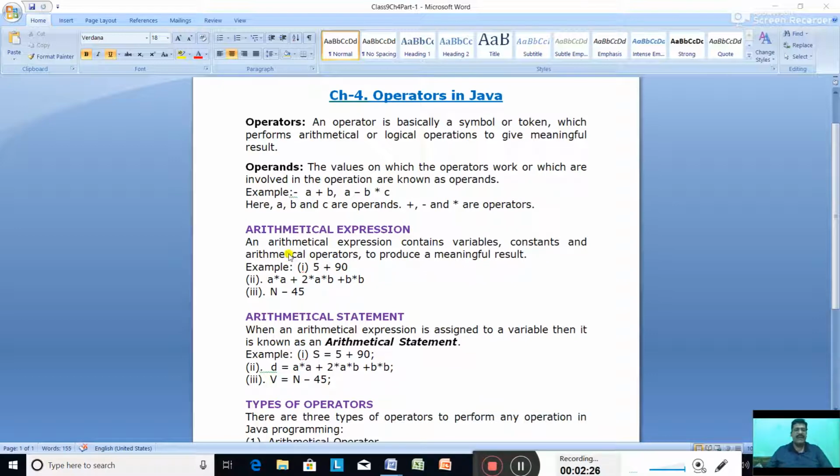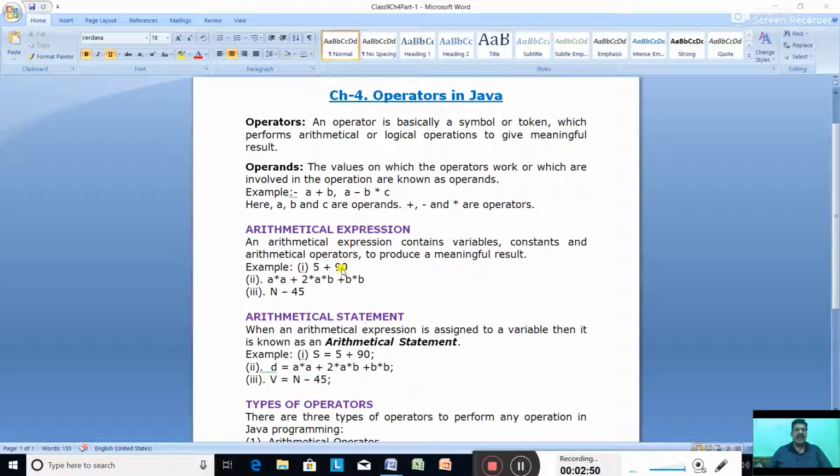See, an arithmetical expression contains variables, constants and arithmetical operators, okay, to produce a meaningful result. It contains variables also, constants also, and arithmetical operators. Arithmetical operators are plus, minus, asterisk, slash and modulus operator.